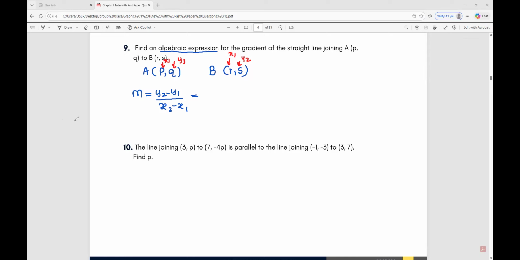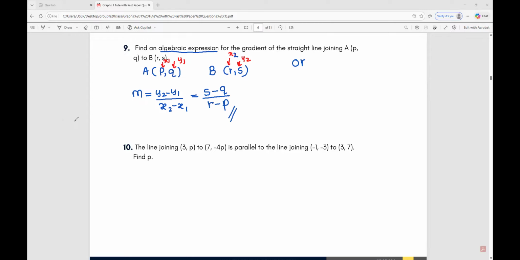Y2 is S, minus y1 is Q. This is over x2, x2 is R, minus x1, x1 is P. That's all. We can't simplify this now.